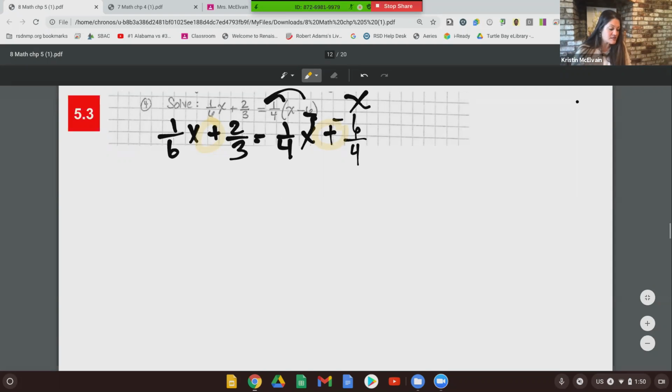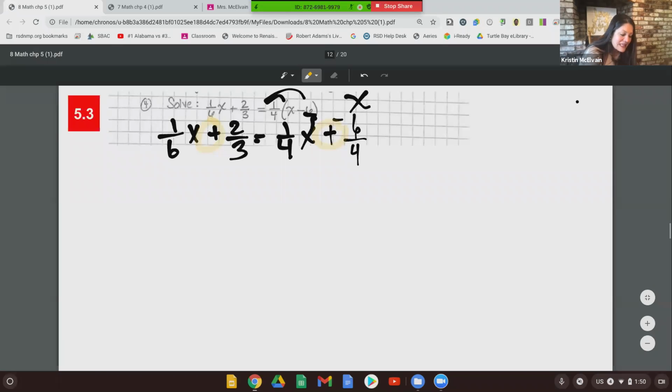All right, so let's see here. So we have a 6, a 3, and a 4. So I know that we can't use 9. Oh, we could do 12. 6 goes into 12, 3 goes into 12, 4 goes into 12. That's our least common multiple.